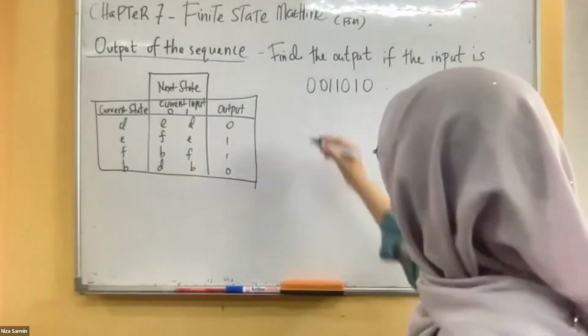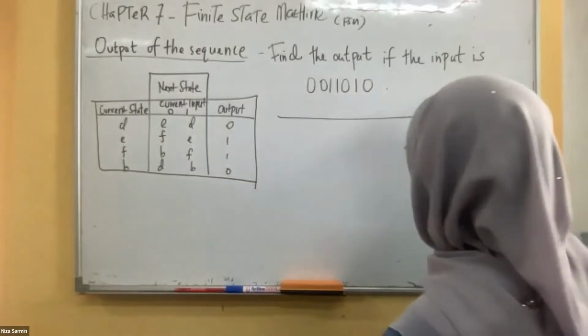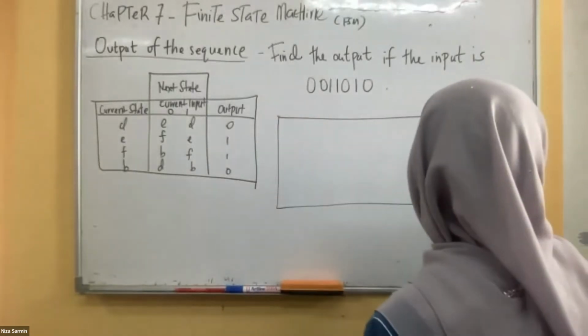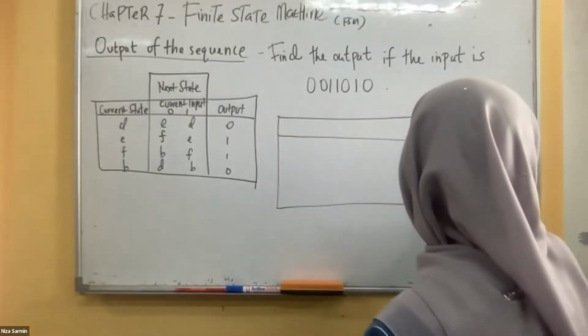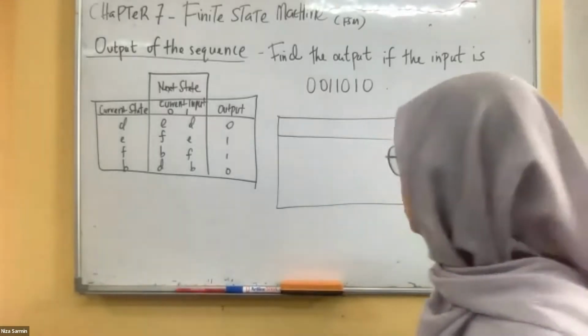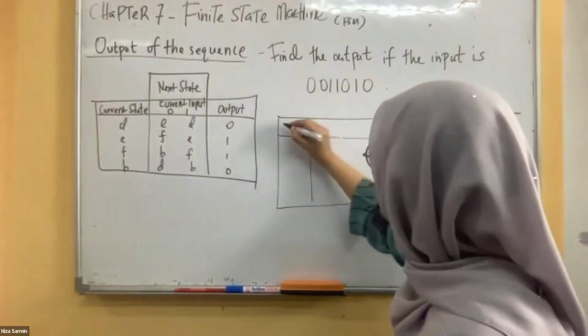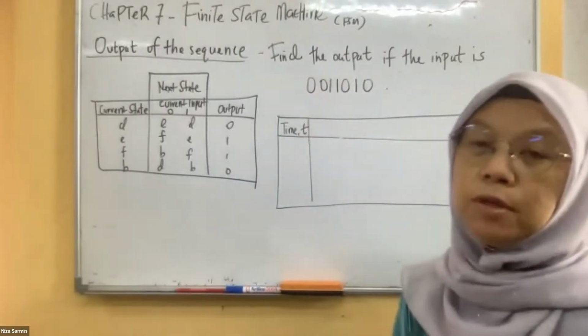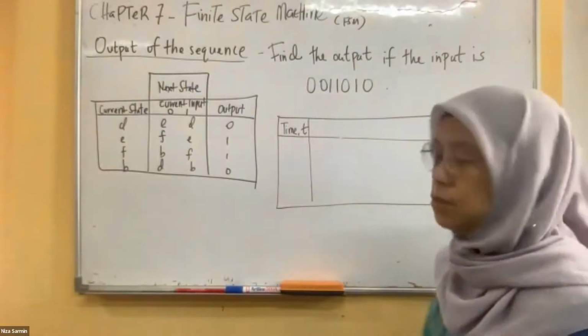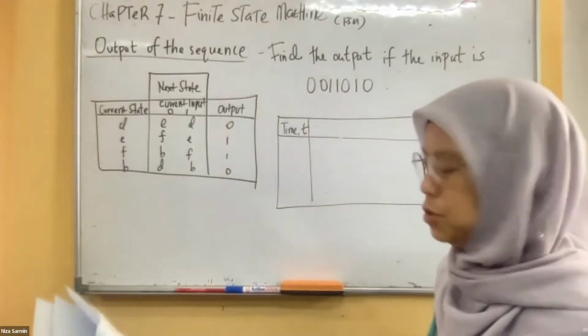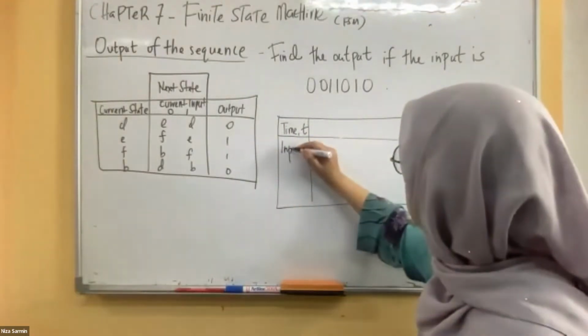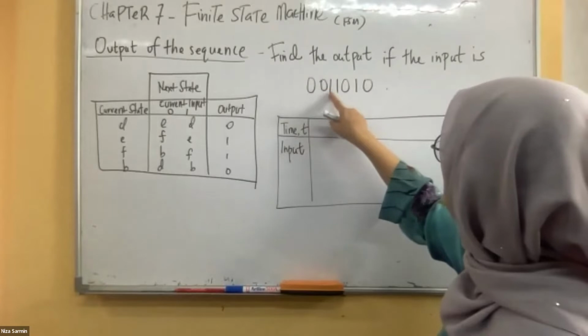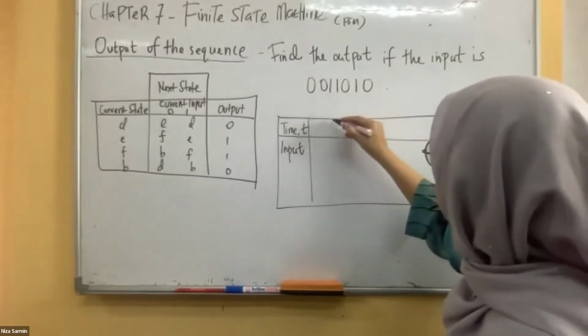Okay, using this, you will have this table. The first row is actually optional. Sometimes people don't put this first row, but we just follow this one and put the input: 1, 2, 3, 4, 5, 6, 7.